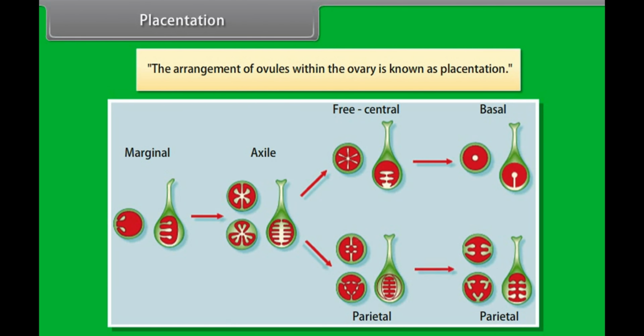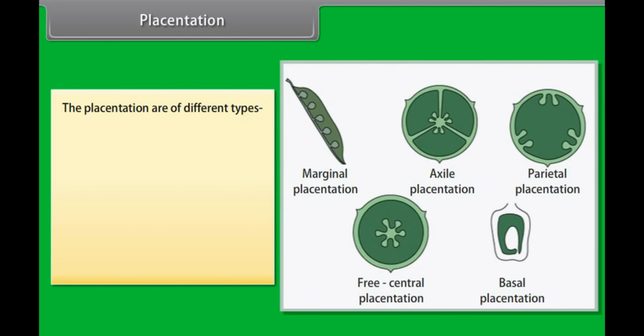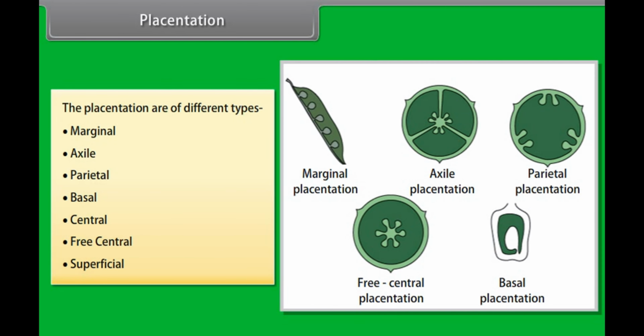The arrangement of ovules within the ovary is known as placentation. The placentation are of different types: marginal, axile, parietal, basal, central, free central, superficial.